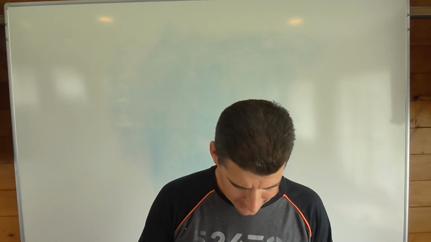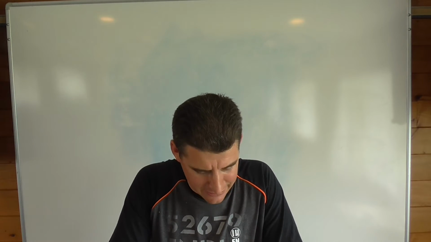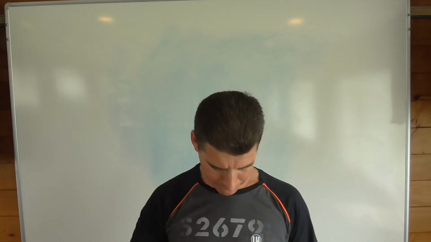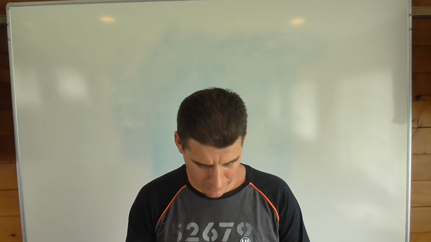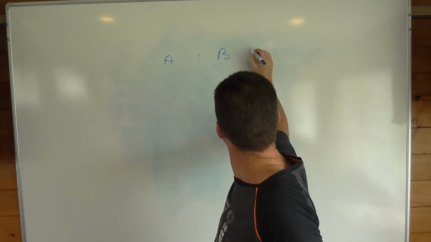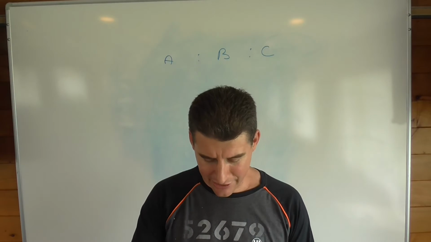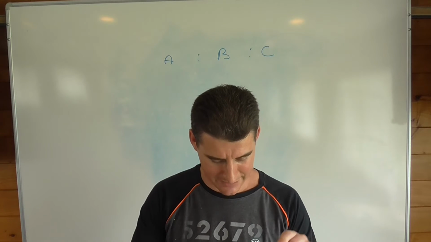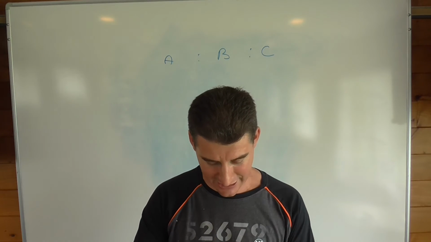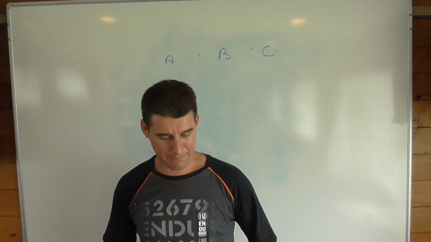Okay. Let's look at scenario 2. This is a bit of a tricky one. Profits are shared between 3 partners, A, B, and C, in such a way that A receives twice as much as B, who receives 3 times as much as C. So if the total profits are 55,200, what will each partner receive?